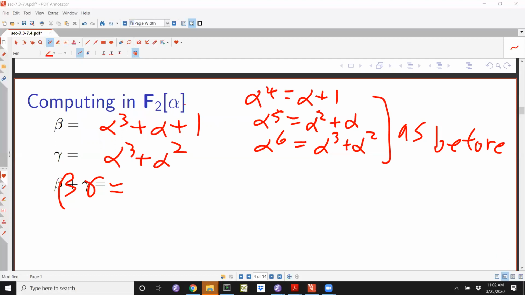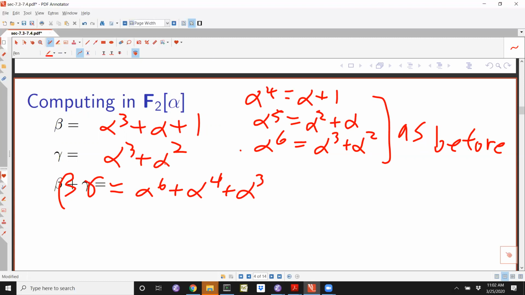All right, so now when I multiply beta times gamma, I'm going to get 6 terms. I get alpha to the 6th plus alpha to the 4th plus alpha cubed, from alpha cubed times alpha cubed plus alpha plus 1.